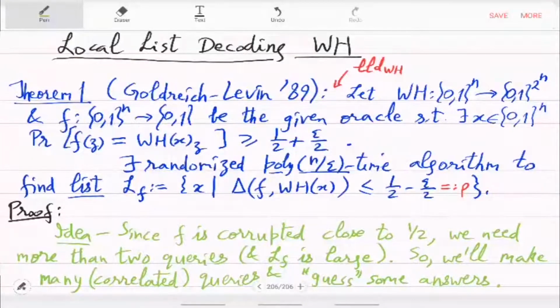In the theorem statement there is no advice, because here we just want to output all the x's, but the particular x you want to output will be obtained by a guess. You can think of it as the advice. That is the plan, a vague plan. So let's implement this carefully.